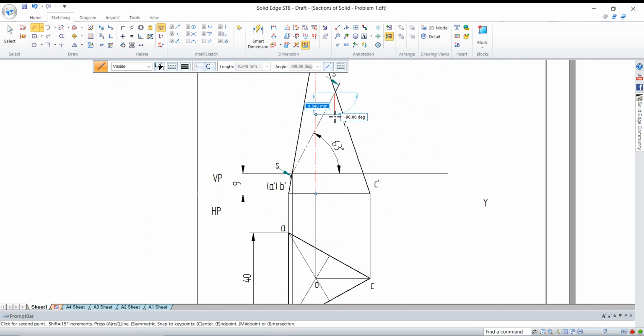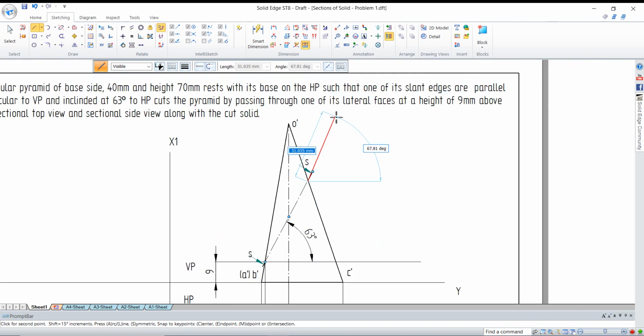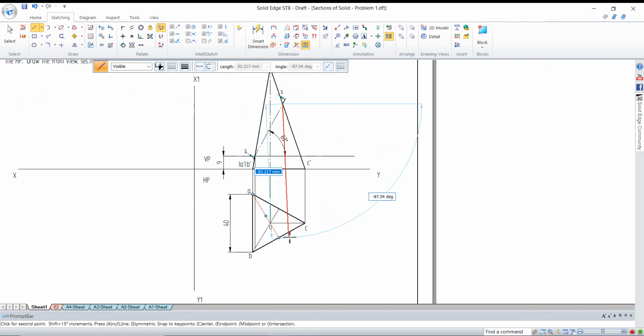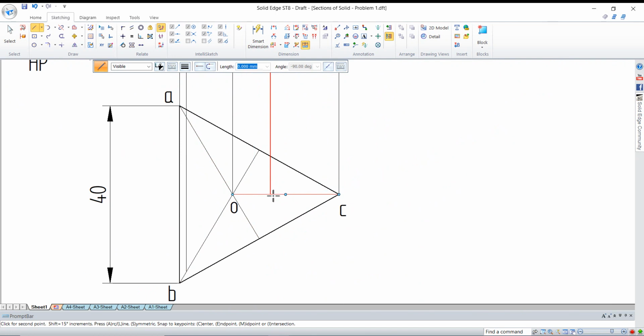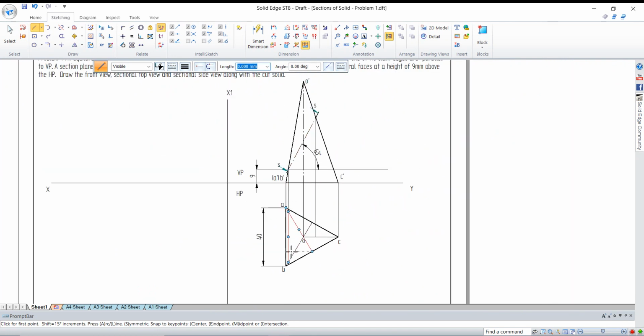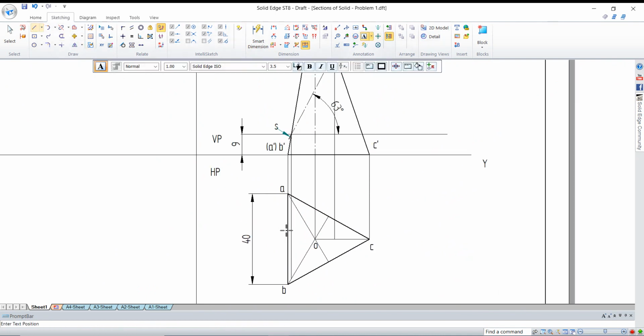Similarly on the other end, wherever it has joined, it's better to zoom in and identify the line, otherwise you'll get the wrong point. And it has cut the vertex at this point. So it is a cutting point. A has cut here, B has cut here, and C has cut here.